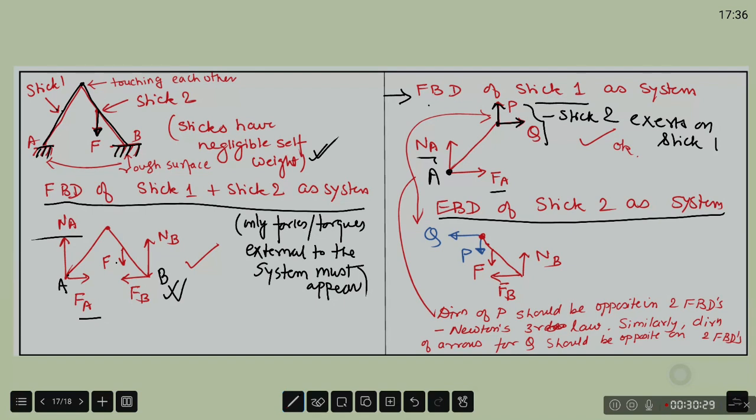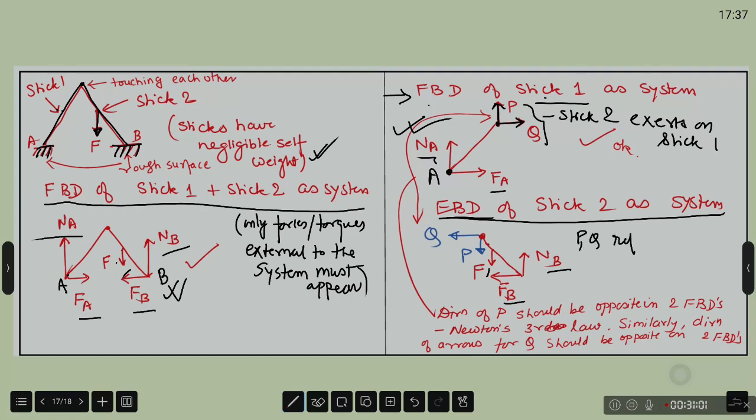So this Nb and Fb are in line with what I drew here when both sticks were my system. F is also appearing exactly in the same way. Now look at the direction of P and Q. Now here P and Q represent forces exerted by stick 1 on stick 2.